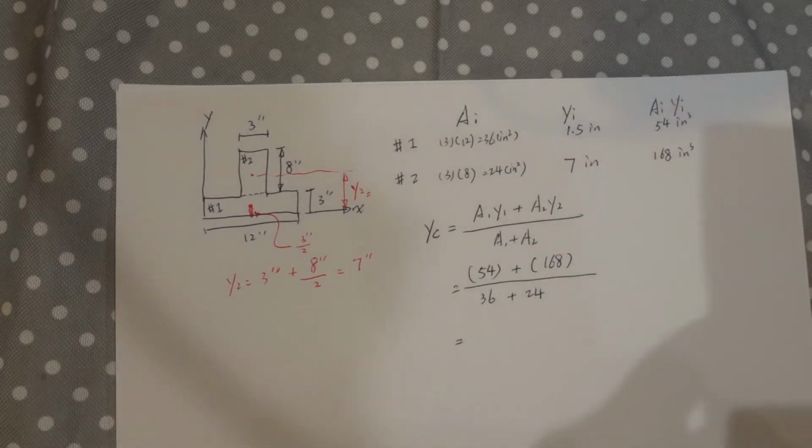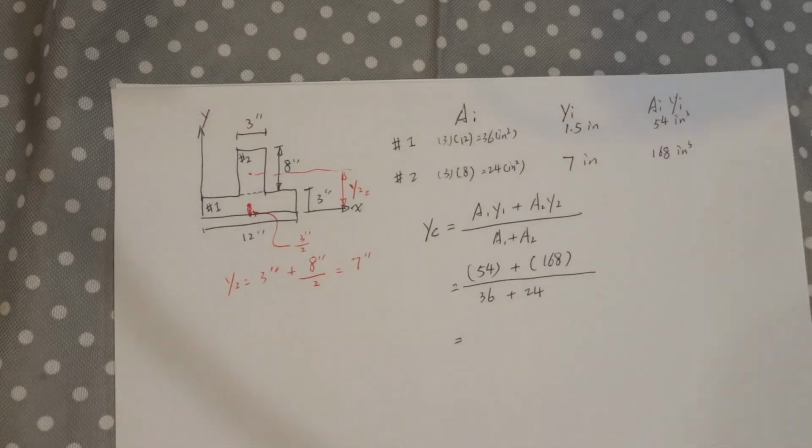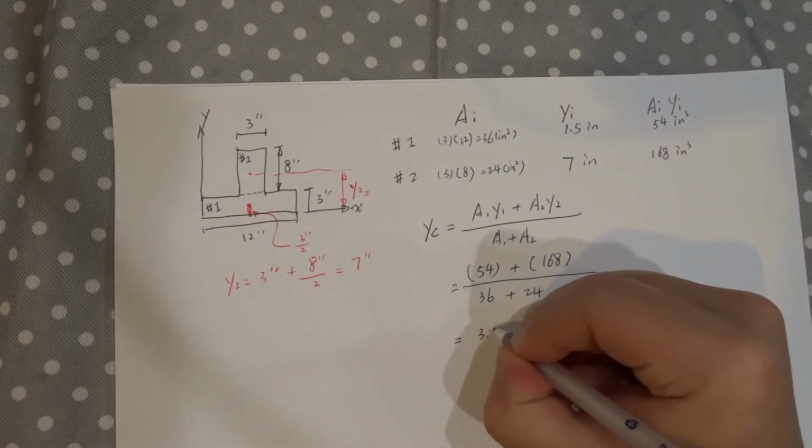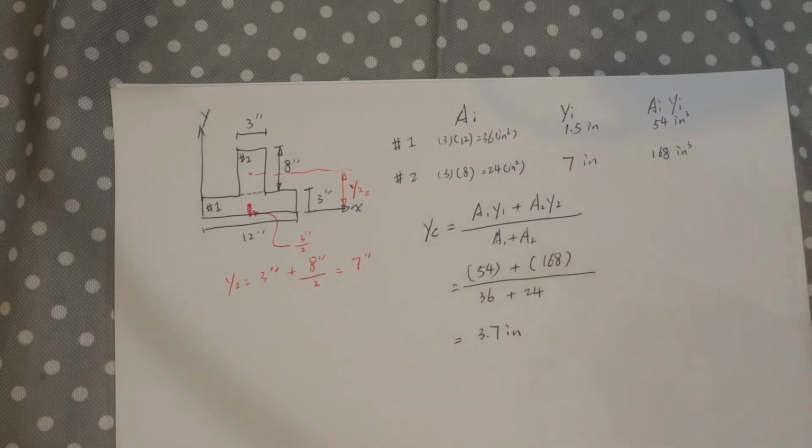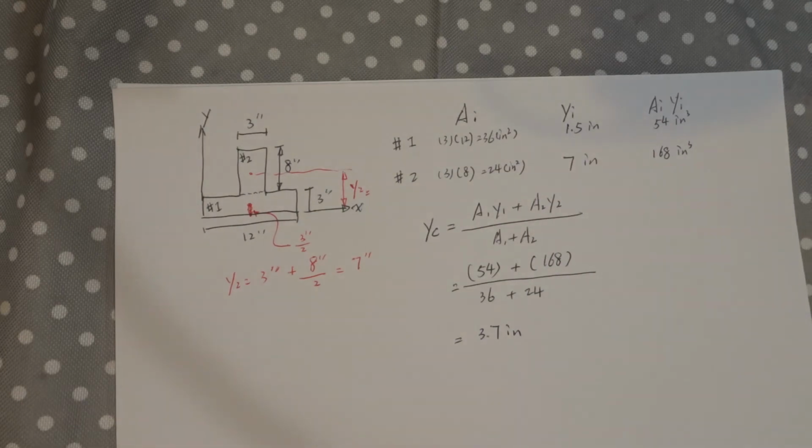Let's run that through real quick. 54 plus 168 divided by 36 plus 24, and that is 3.7 inches. So that's the solution of this problem.